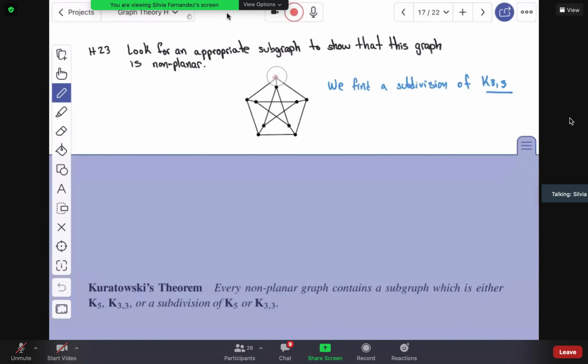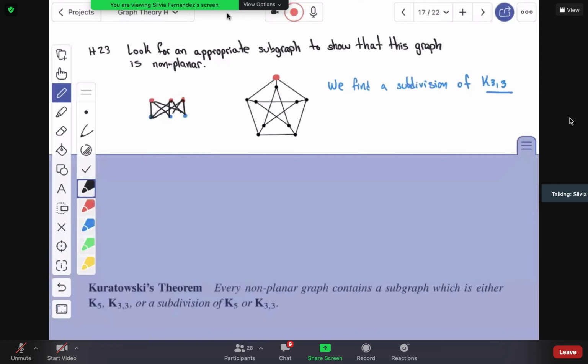This is really trial and error. I'm going to use that as one of my red vertices. I'm going to have 3 red vertices and 3 blue vertices, and every red needs to be adjacent to every blue.